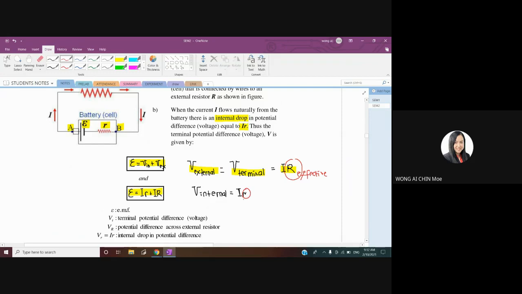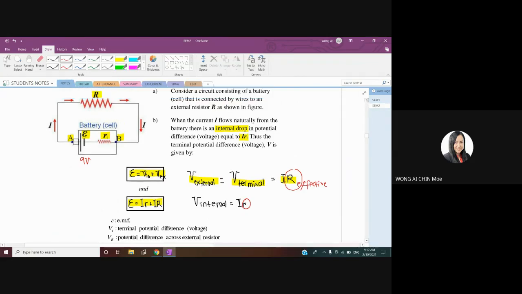So if initially the battery EMF is, let's say, 9 volt, and the internal resistor is equal to 1 ohm, we want to find out what is our V external.